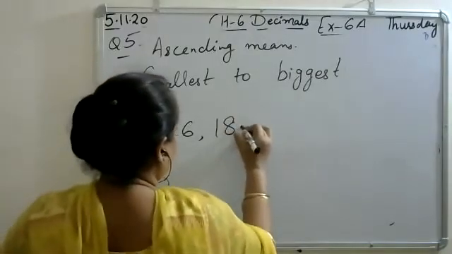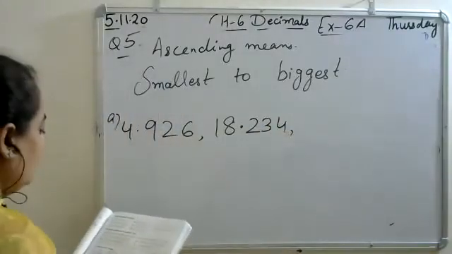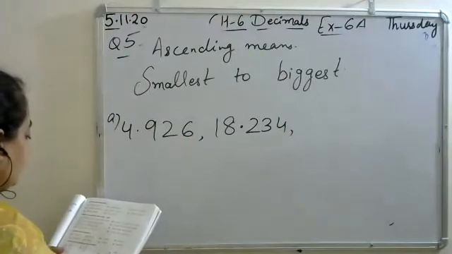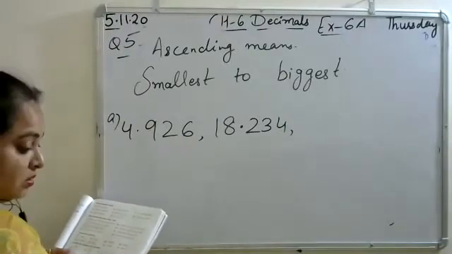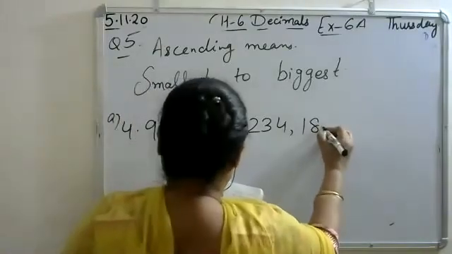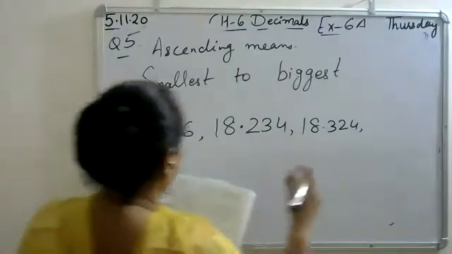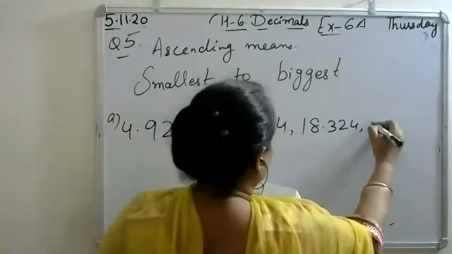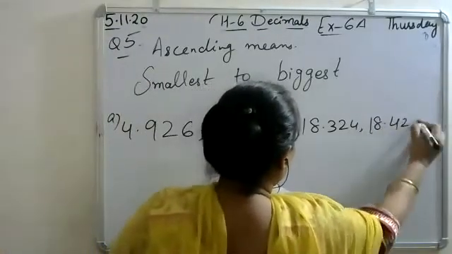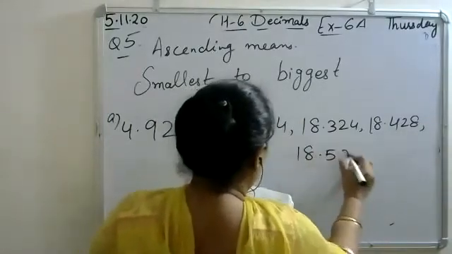Yes, 18 decimal 234. Then 18 decimal 324. Then 18 decimal 428. And in the end we have 18 decimal 528.